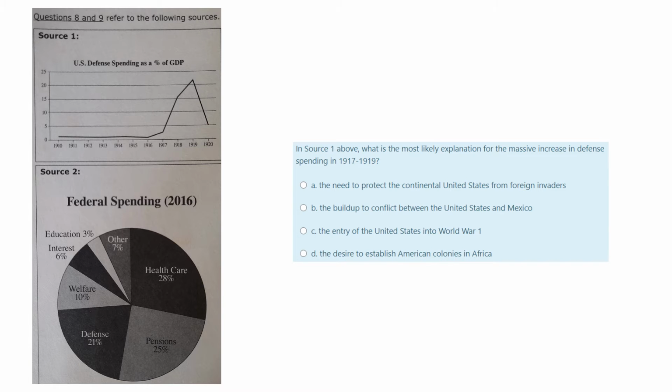Now, in source 1 above, what is the most likely explanation for the massive increase in defense spending? Well, look at when it goes up. It goes up between 1917 and 1919. What was happening in the world?